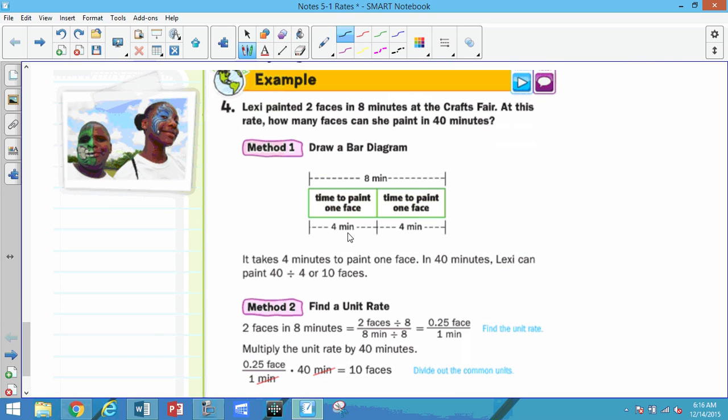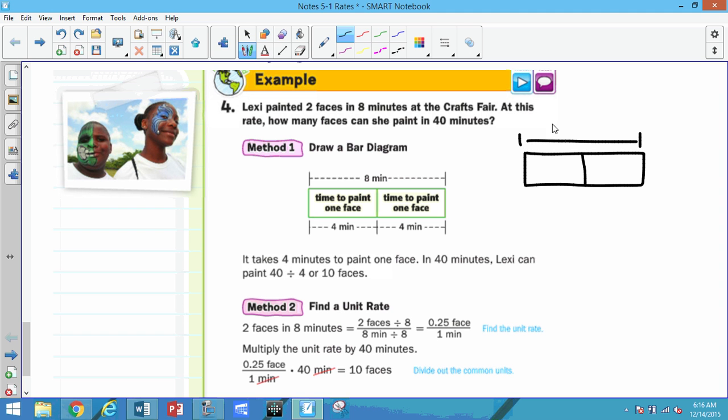Number 4 is a way to do this using a tape diagram. So it says Lexi painted 2 faces in 8 minutes at a crafts fair. At this rate, how many faces can she paint in 40 minutes? Okay, so if you can create your tape and this becomes your faces. So how many faces did she paint? 2. Okay. And then it says that she did 2 of them in 8 minutes.